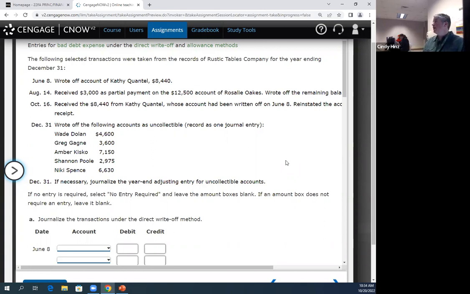We talked about that allowance for uncollectible accounts or allowance for bad debt. We talked about that being a contra asset account. So it has a normal credit balance. But we also saw in one of those exercises that sometimes that account actually can have a debit balance.